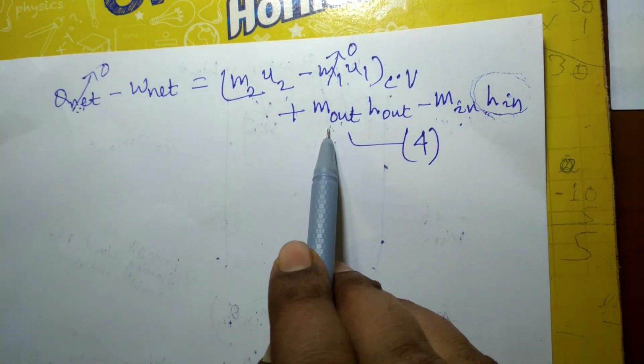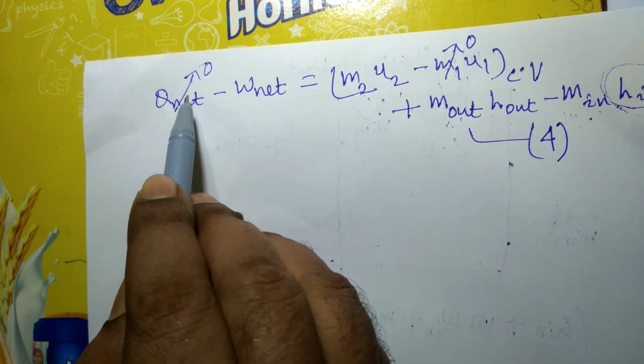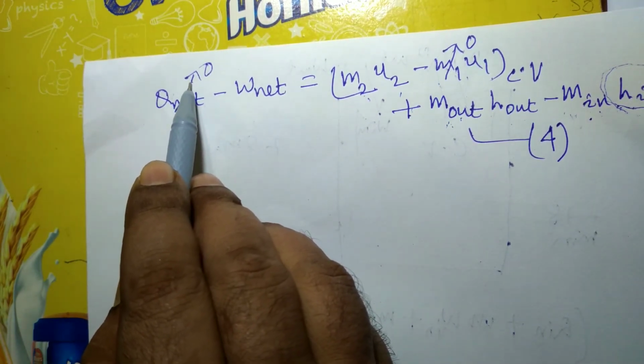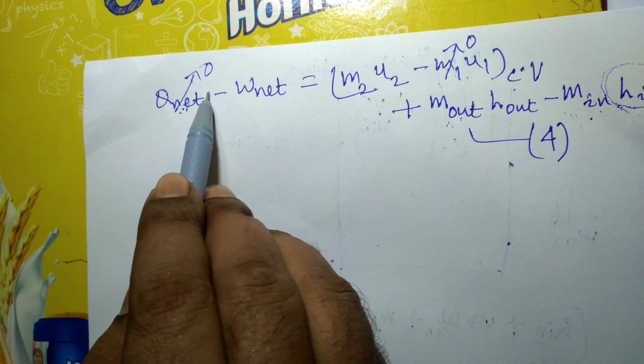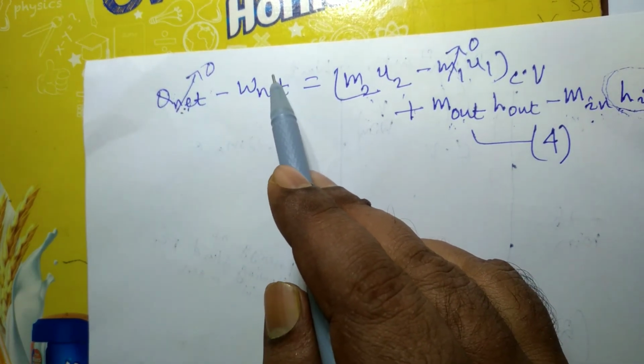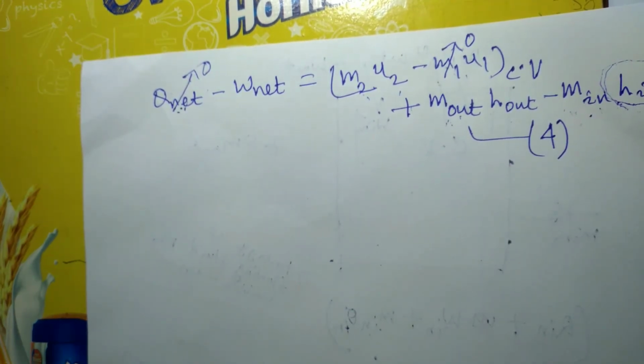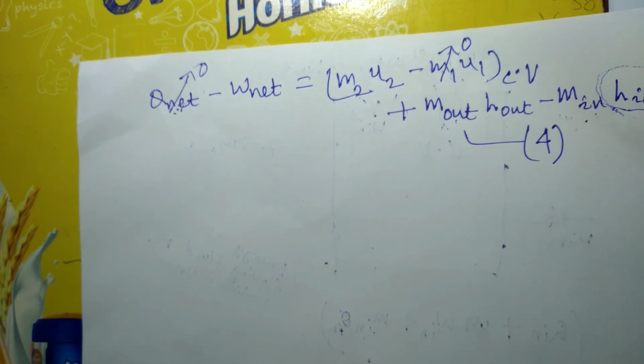And if the vessel is insulated, there cannot be any heat transfer, so Q net we have to take 0. And if the vessel is rigid, boundary work will not be there because volume is constant. If some shaft work or electrical work is given, that can be taken into account, but no boundary work in case of a rigid vessel.